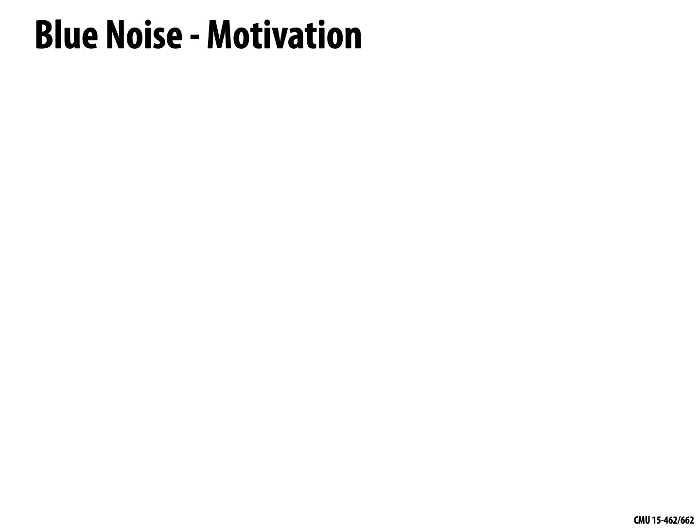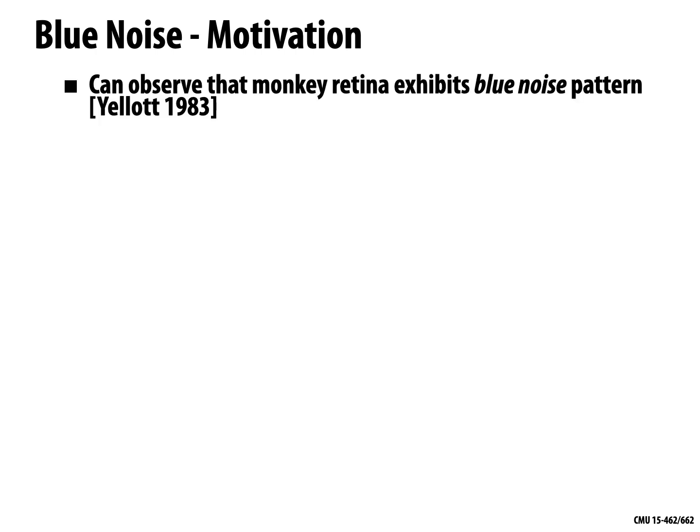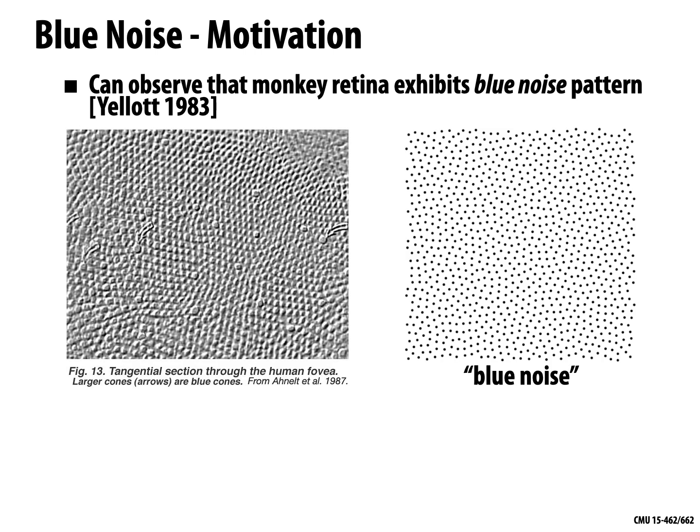So one type of sampling pattern that does a pretty good job at this is something called blue noise. And this has got some biological motivation that if you look at the retina of a mammal, like a rhesus monkey, then you'll see that the cells on the retina have a nice distribution. And if you plot the centers of these cells, they're going to look something like this pattern on the right, which is known as a blue noise pattern.